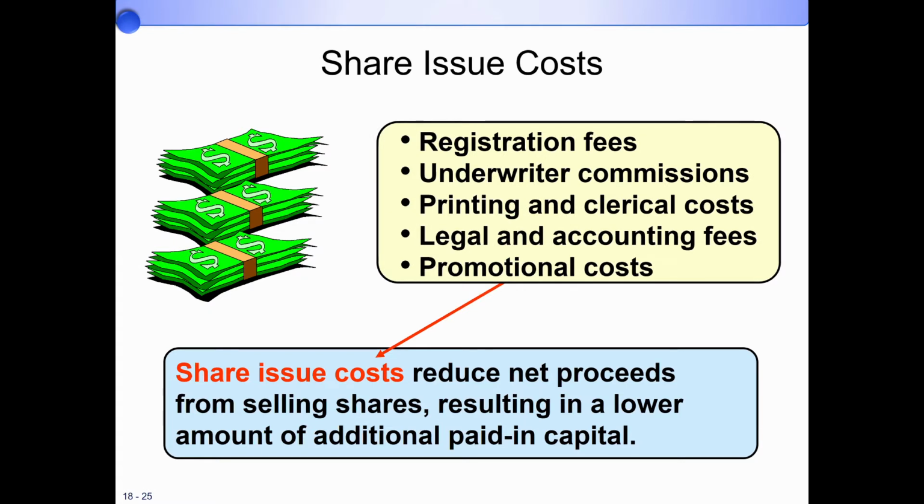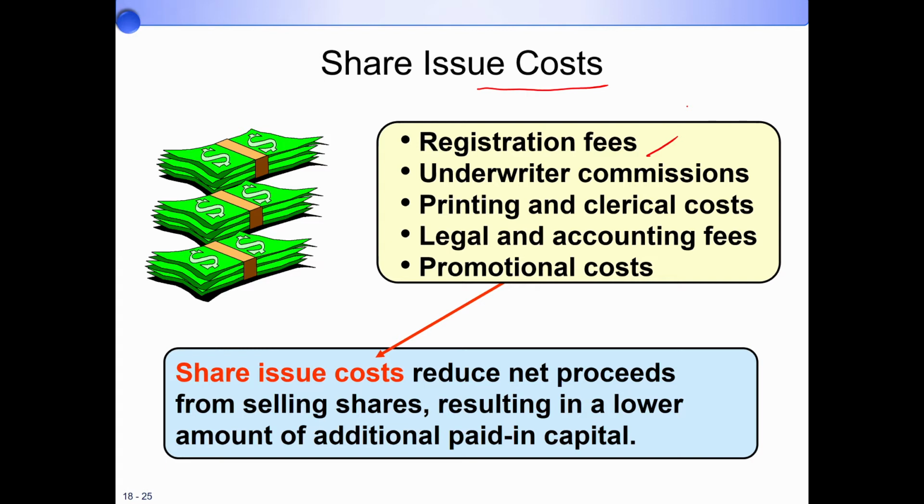So this is the additional issue. Let's say when we issue stock, we have issue costs. Just like when we issue bonds, when we talk about bonds, we have issue costs too. So what are those issue costs? For example, registration fees. You need to register with the SEC, so you need to pay fees.